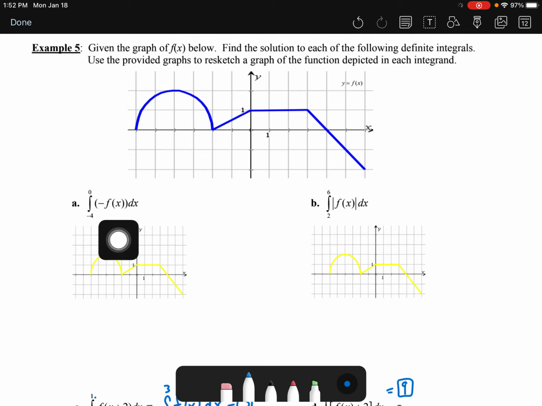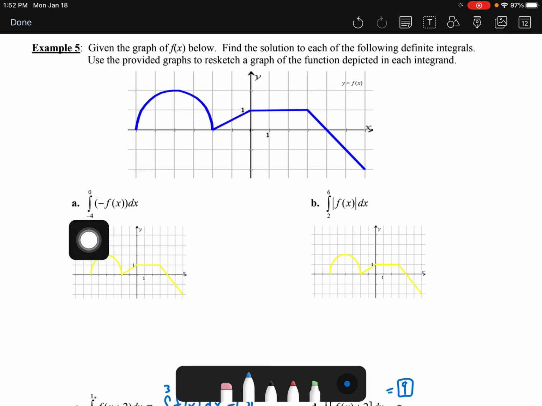But then we need to understand the reflections, the different transformations, or if we're taking the absolute value of the function, how that affects our definite integral and the area that would go along with these graphs.